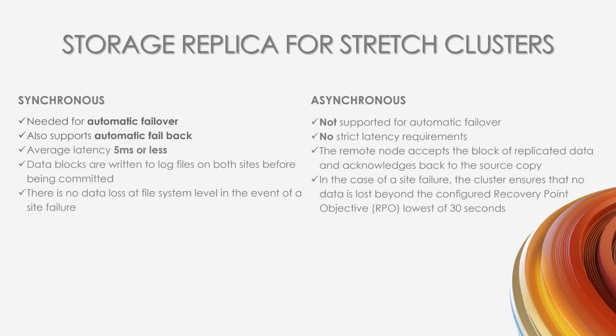Now, for asynchronous replication, this is different. This supports longer distances and is less concerned about latency, as this does not impact the VM workloads, but does require adequate bandwidth to accommodate the write churn of active workloads to keep up with the recovery point objective, whether that be 30 seconds or higher. So what does that mean?